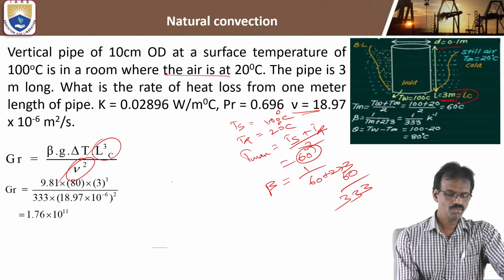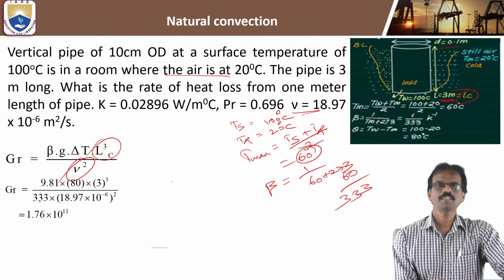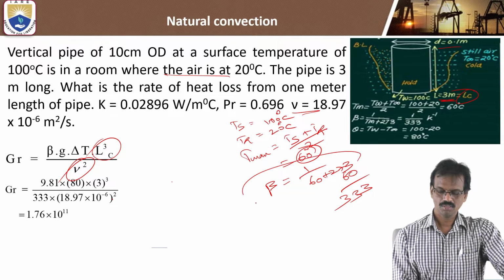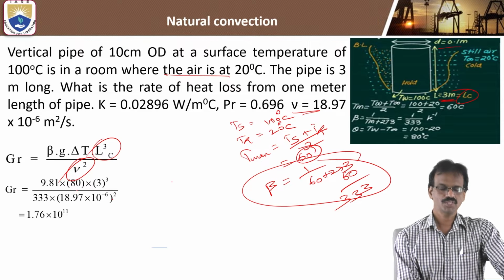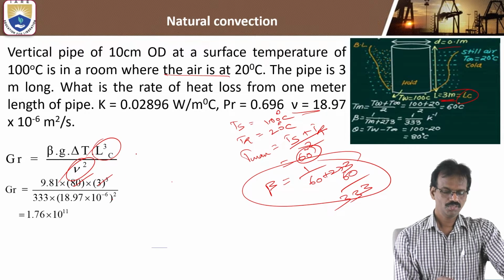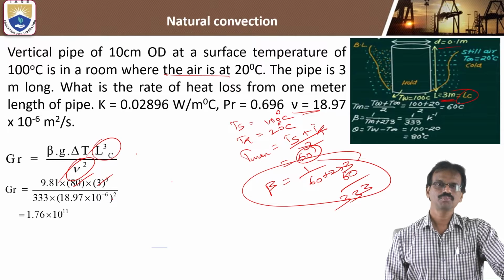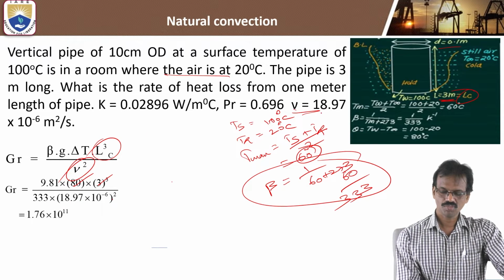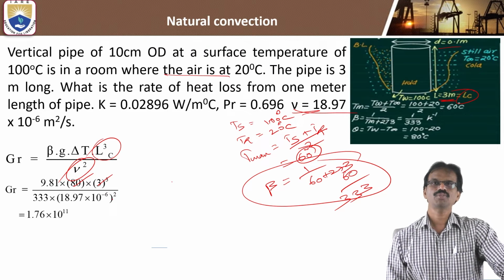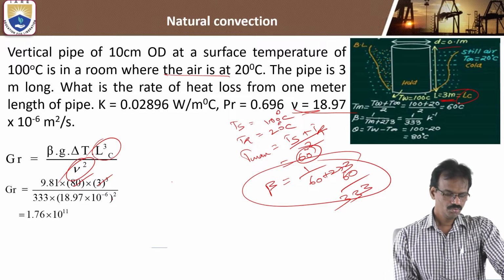If you substitute the values, g is 9.81, beta is 1 by 333, delta T is 100 minus 20, 80, and 3 cube, the characteristic length cube, by the kinematic viscosity 18.97 into 10 to the power of minus 6, whole squared. So this is the value.